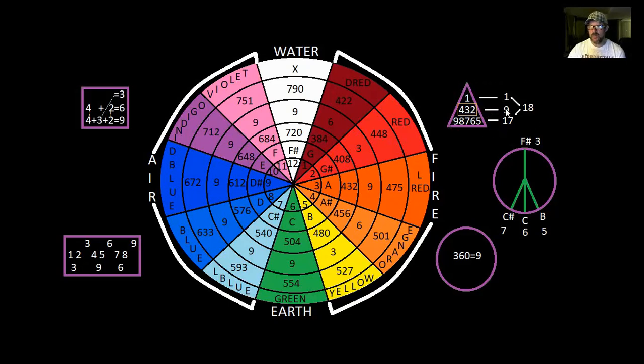You've got 432, 4 plus 3 plus 2 equals 9. You carry the 1 over. This adds up to 17. So you take the 17 plus the 1, and you've got an 18. So now you've got a 9 and a 9. 1 plus 8 equals 9. Add them up, you get 18. 8 plus 1 equals 9. So this codes to 9.